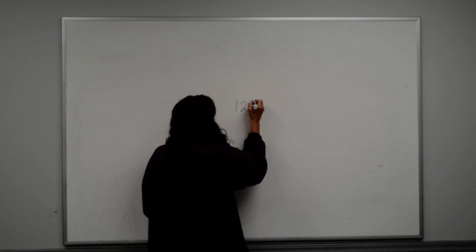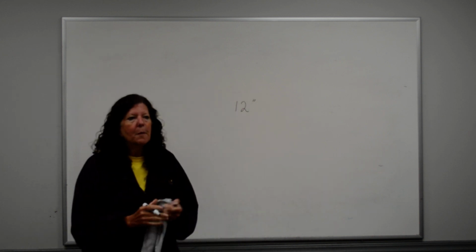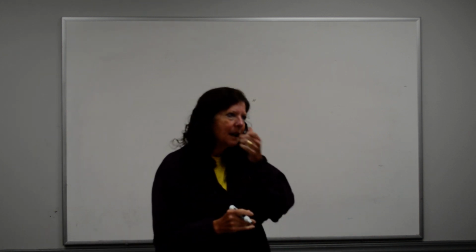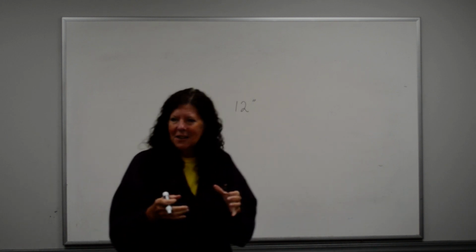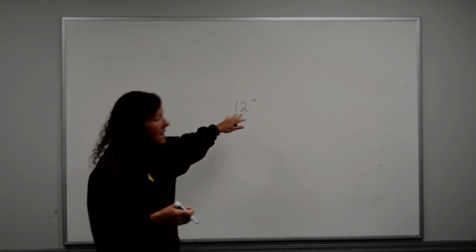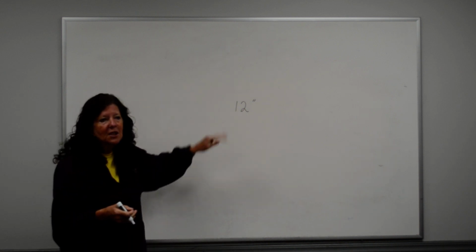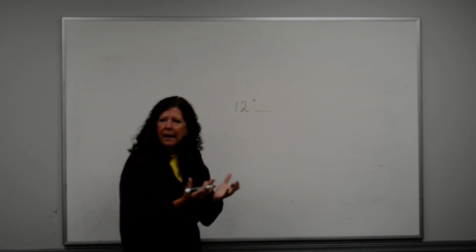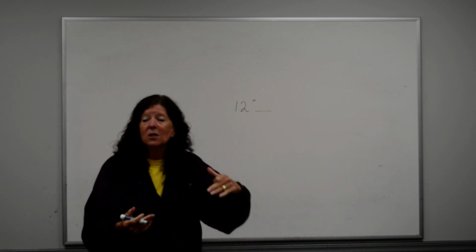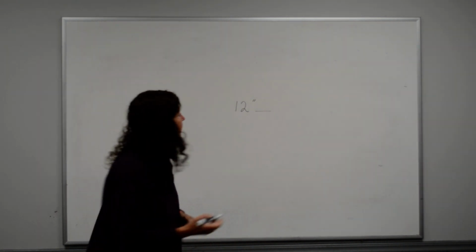If I have something that measures 12 inches, remember how we talked about the fact that a ruler can be chewed up at the end or it can have gunk added to it. So we ask, what is that precise to? What is the precision of this? What I do is go one place past where I am. In this case, I'm going to the tenths place and I take half of it.